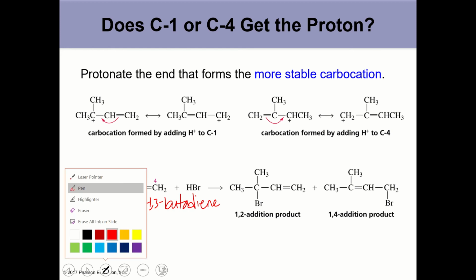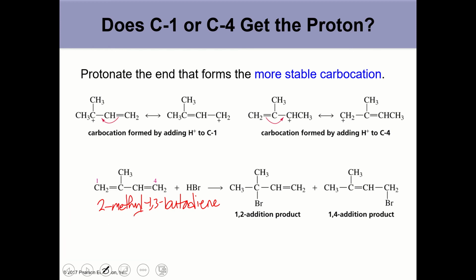So we need to put in a different color: for our diene addition, is carbon 4 going to actually be carbon 1 for the addition of hydrogen? Or is carbon 1 going to be where the hydrogen adds? Okay, and that's going to depend on where the positive charge is the most stable. So you have to look on both sides.